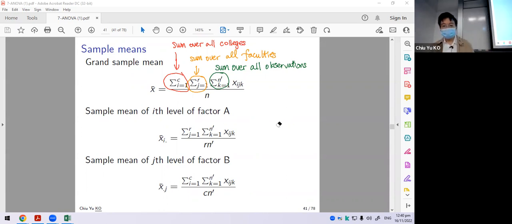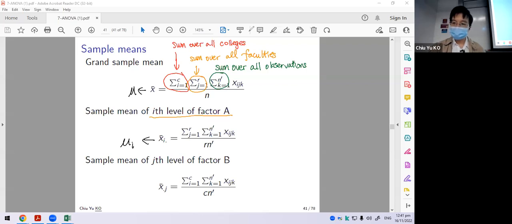So the second one is don't be scared. It's the ith level of factor A. Just to remind you, this is measuring mu, here we are doing mu i. What is it measuring? Very simple.